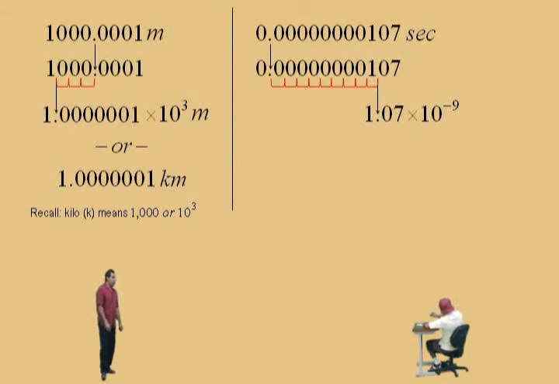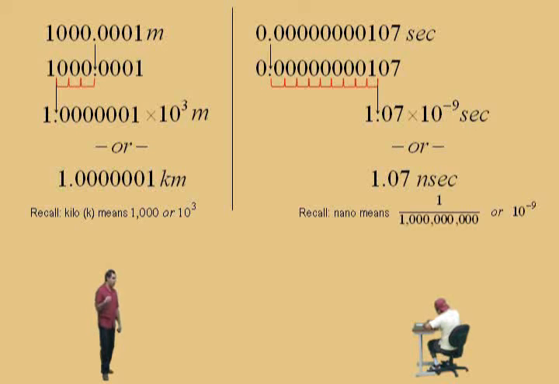Now, 10 to the negative 9. This is seconds. Now, 10 to the negative 9 was what metric prefix, Charlie? Nano. It was nano. Very nice. So 1.07 times 10 to the negative 9 seconds is the same as 1.07 nanoseconds, because nano means 1 billionth, which is 10 to the negative 9th.